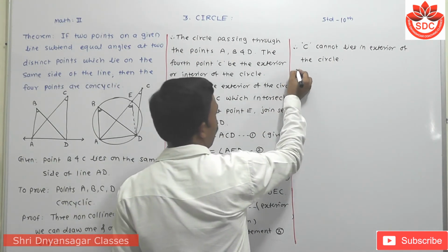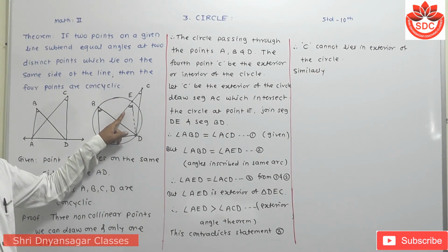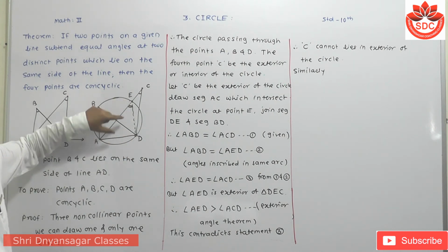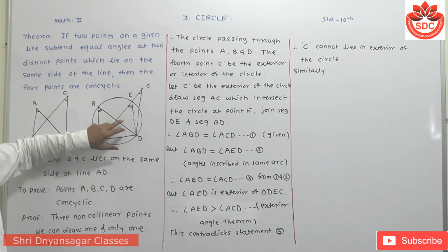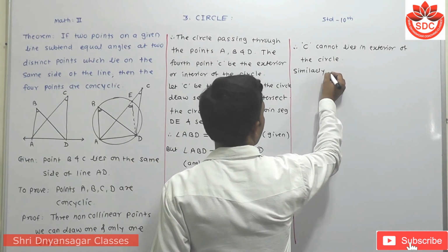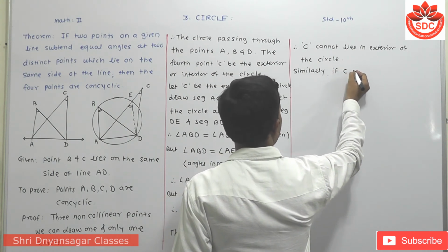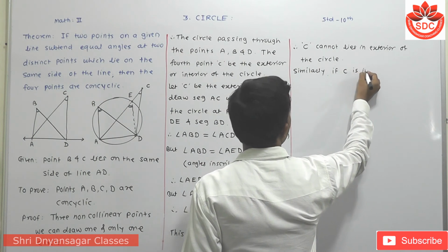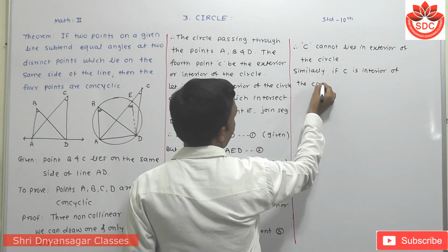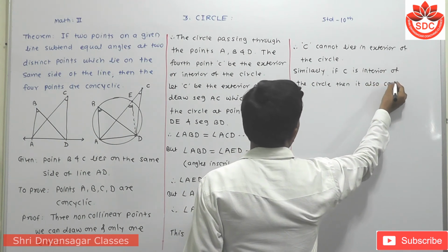मग सिमिलरली जर आपण असं जर याचा विचार केला तर सिमिलरली if you take point C is the interior, at that time when we join CD, then this angle is also greater than this angle by remote interior angle theorem or exterior angle theorem, means that this is also contradicts. So we can directly write here similarly if C is interior of the circle, then it also contradicts.